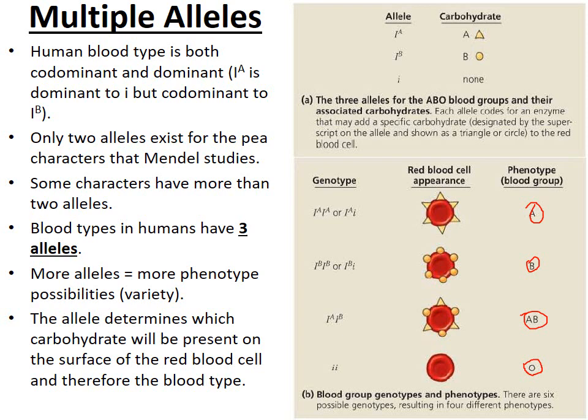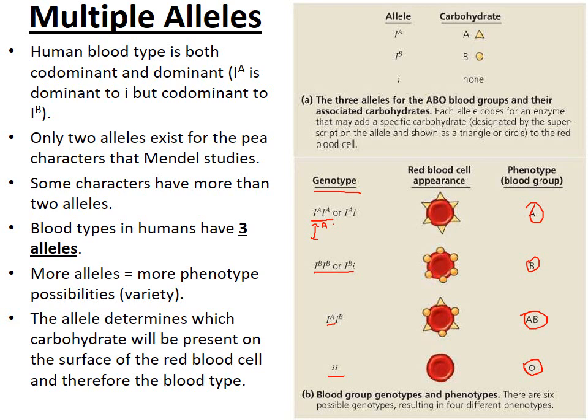Based on your genotype, your blood cells will look different from somebody else's that might have a different genotype. So if you're, let's say, IA, so I would be the base letter, and A would be the superscript.